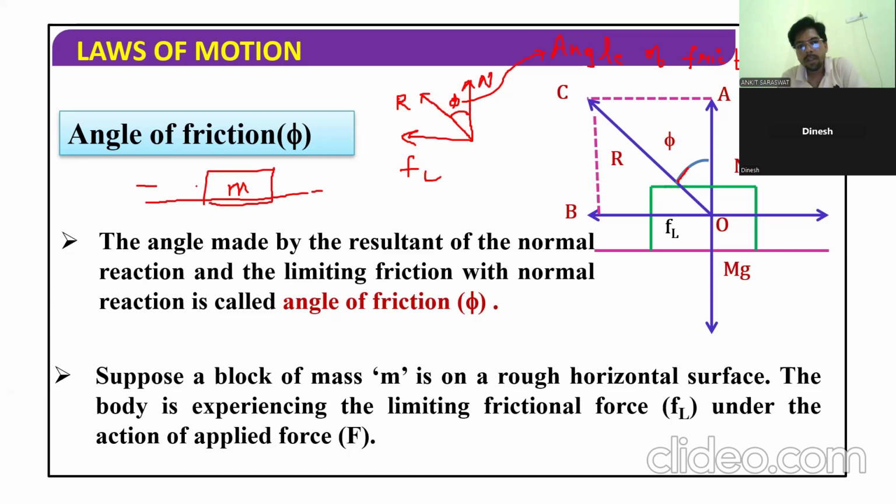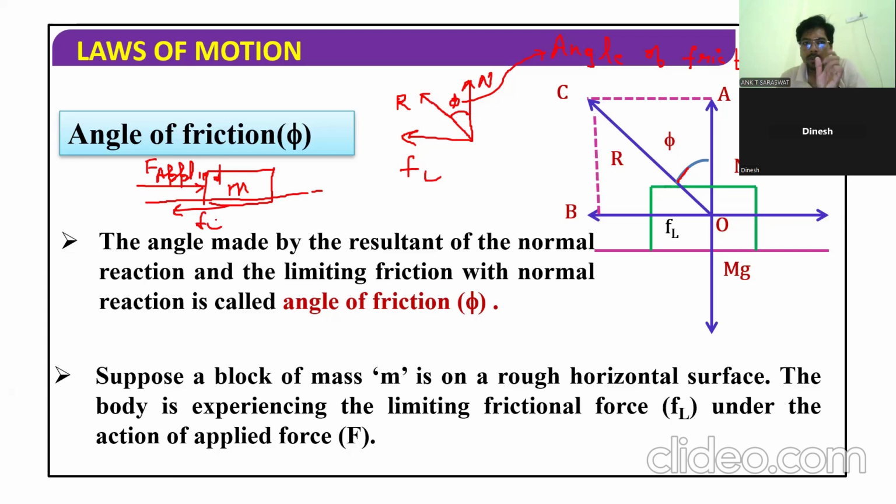You are applying a force up to a certain limit such that the block should not move.